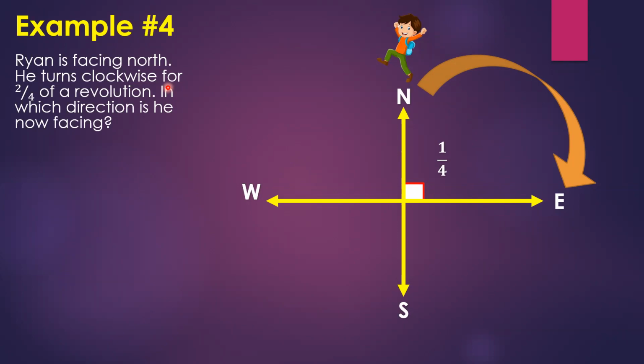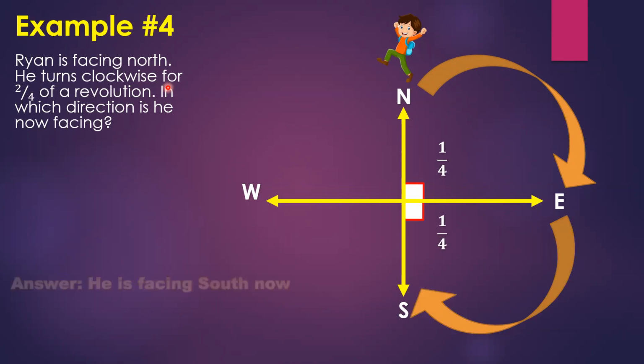And then when we go from east to south, that's another 90 degrees, 1/4 of a revolution. So that's going to be south. So he's currently facing south right now. Altogether, he went through a 180-degree turn, because he went from north to east, that's 90, and from east to south, that's another 90.